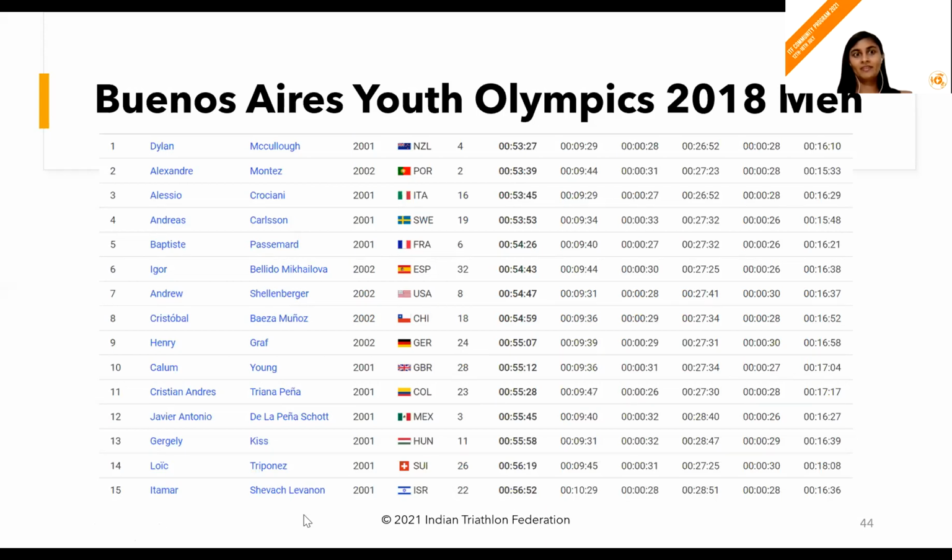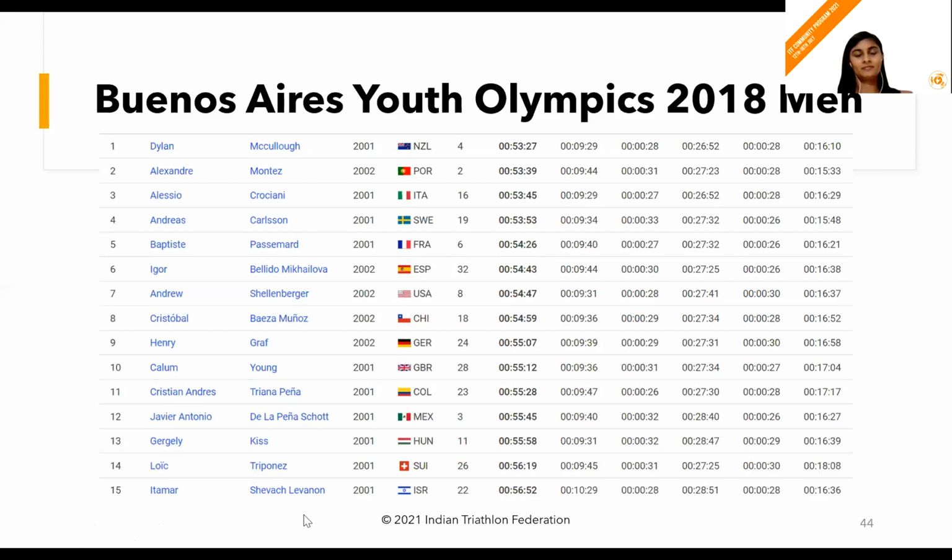And Alexandre actually missed the swim pack. So if you look at just 15 seconds and he missed the pack. And so he had a slower bike ride as well because the chase pack was slower. So he obviously ran much harder.